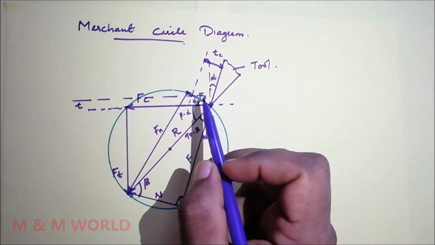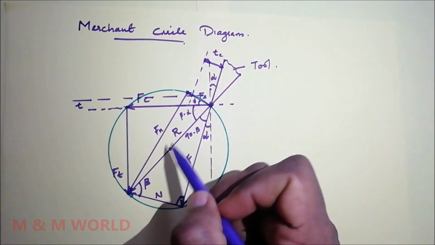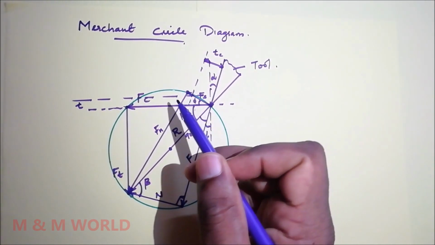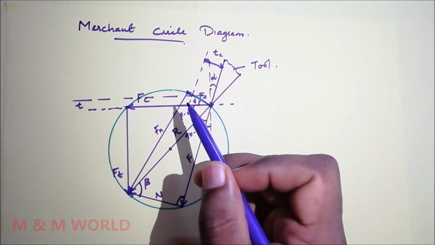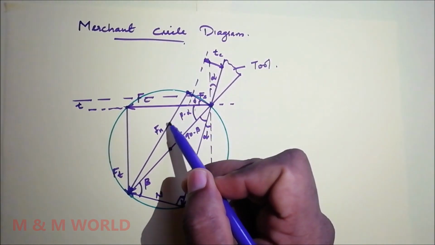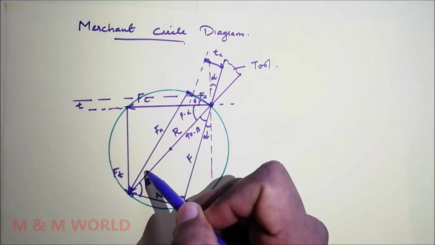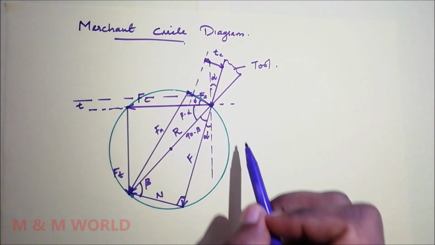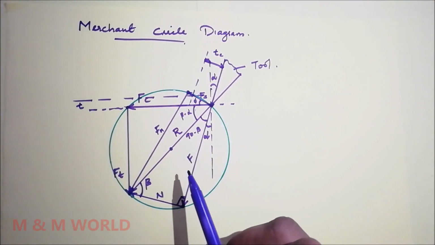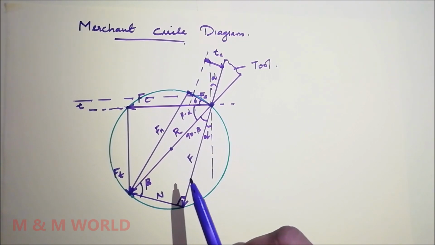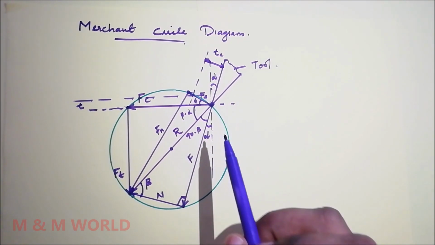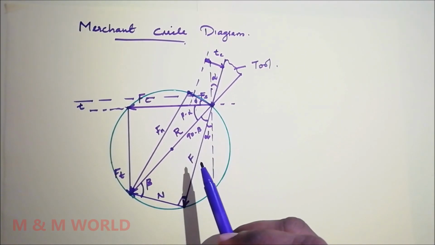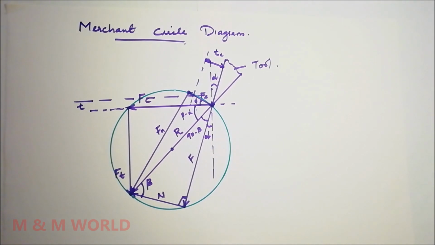Now from the head of Fs to the head of R, draw a line. So that will be the normal to the shear force, that is Fn. So from this diagram we can calculate the values of all other forces and angles. So this is our merchant circle diagram. Thank you.